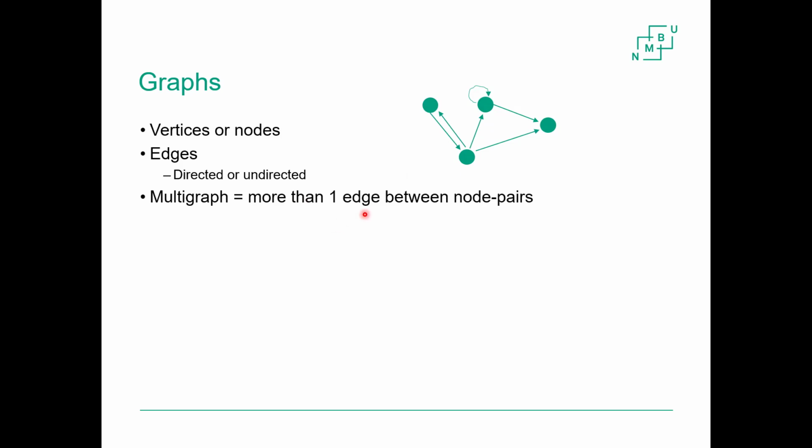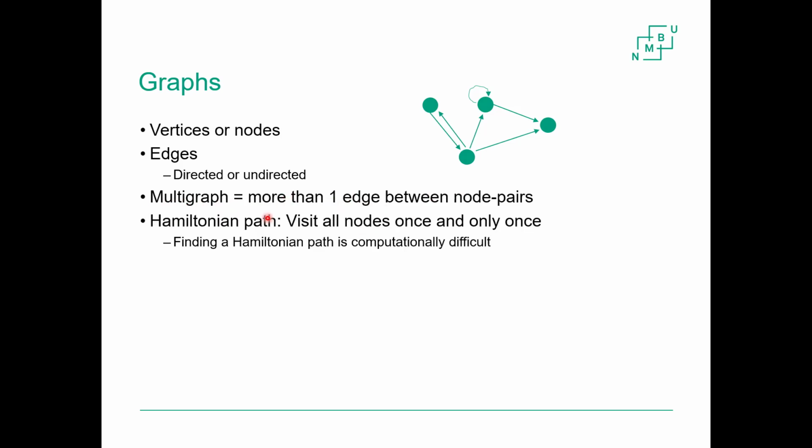A multigraph is simply a graph with more than one edge between the node pairs. So there is no mystery behind it. I just mentioned it because this is a word that pops up in relation to assembly. Hamiltonian path. That's something that Ben Langmead talks about, I know, in his course.